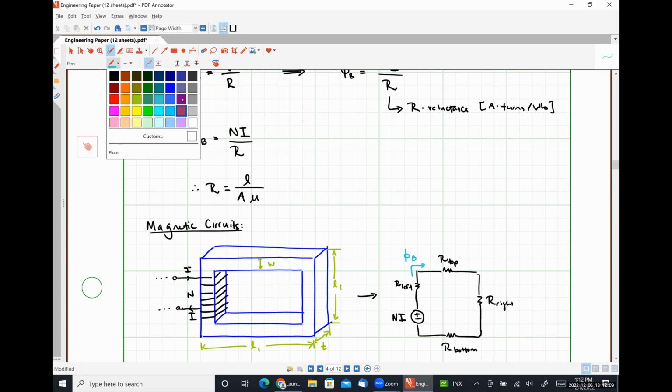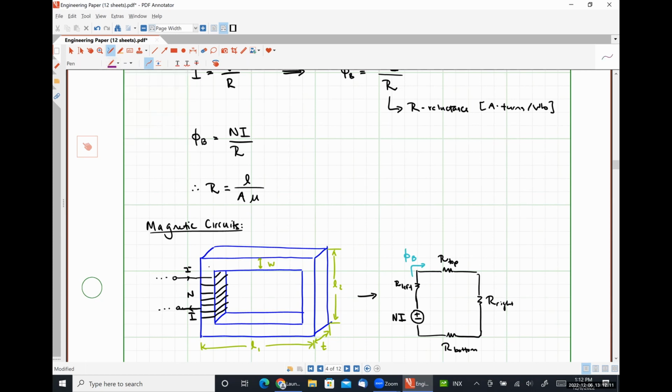And our contour effectively that we're going to use for our average length will be this guy right here. I'm going to put arrows along this average length indicating the direction that the flux is traveling.